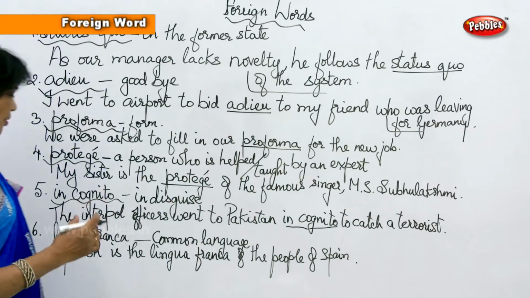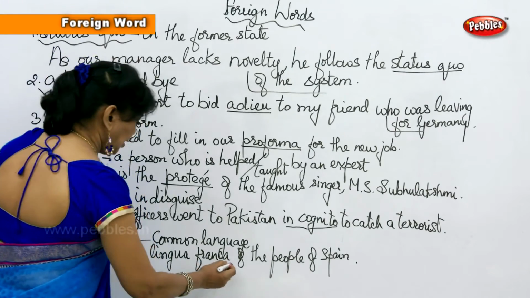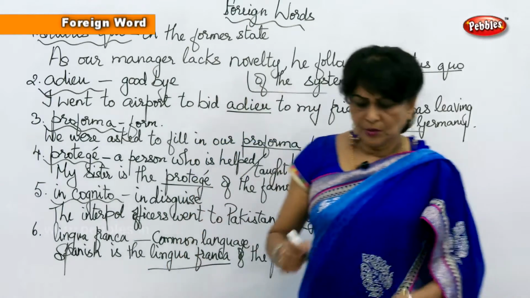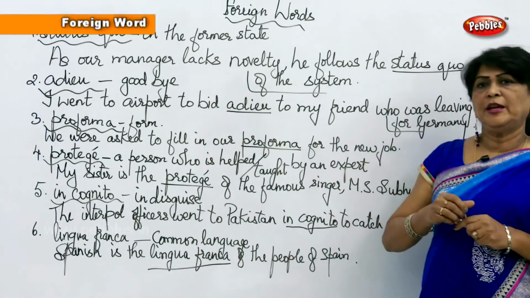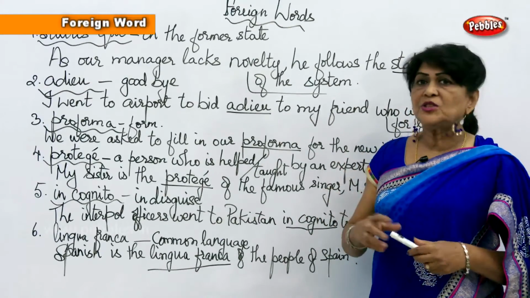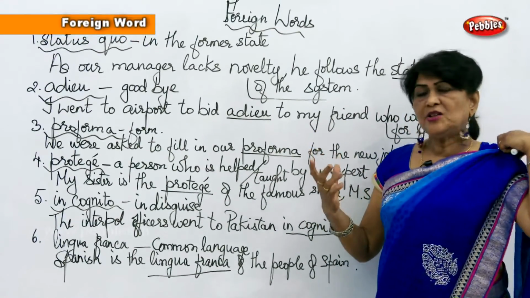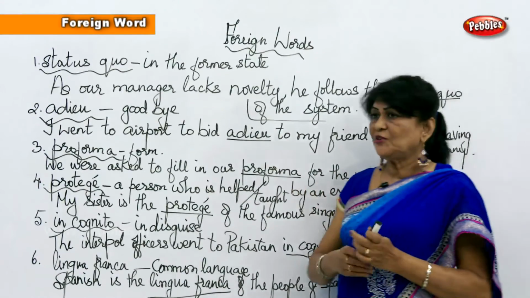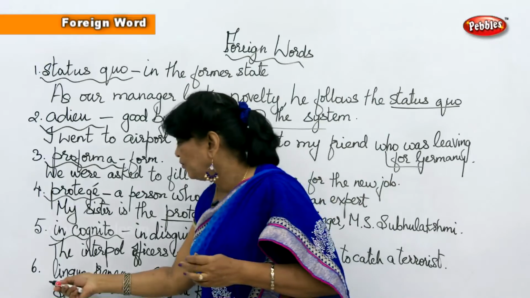Okay. So, do you now understand the meanings of all these words? Because foreign words, you have to use them in your mode of speech to enrich that language. Okay, to enrich the English language, you have to use these words. People will really have a very high opinion of you.